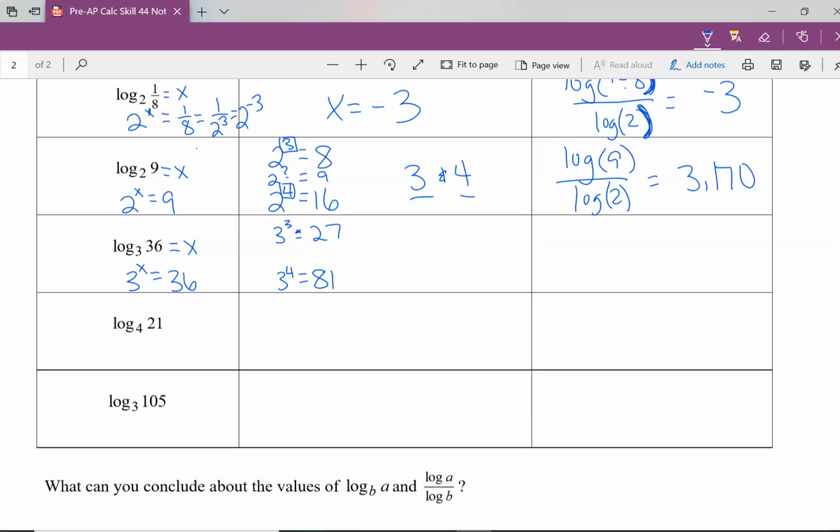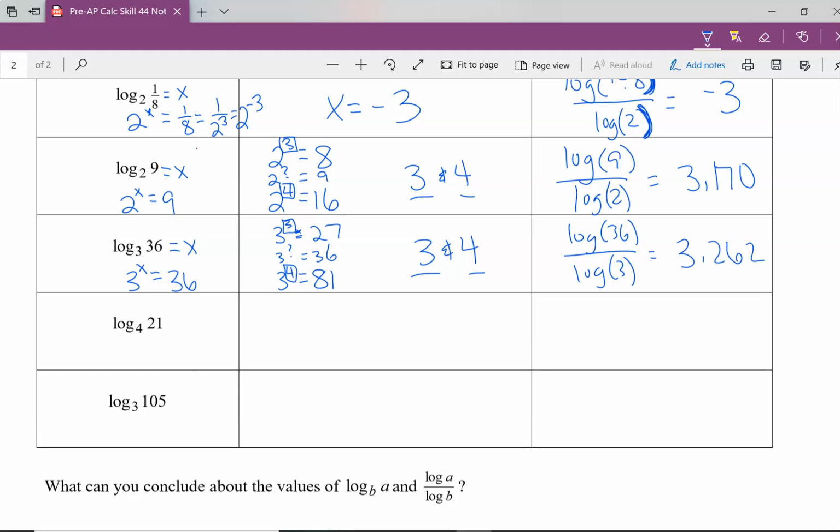So now, 3 to what power gives me 36? That value is somewhere between 3 and 4. If I do log 36 divided by log 3, the calculator gives me 3.262.